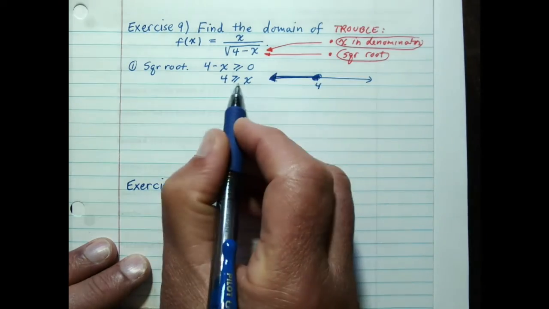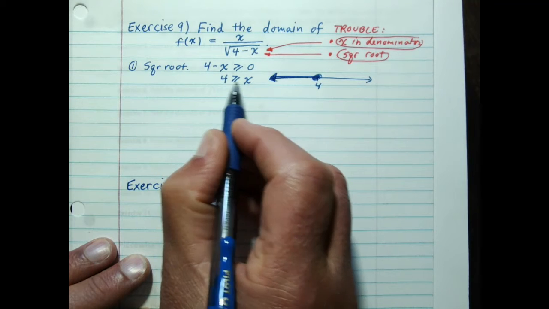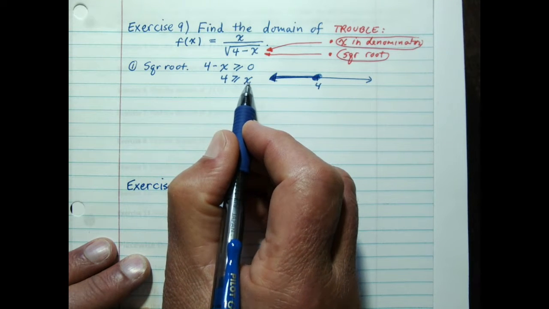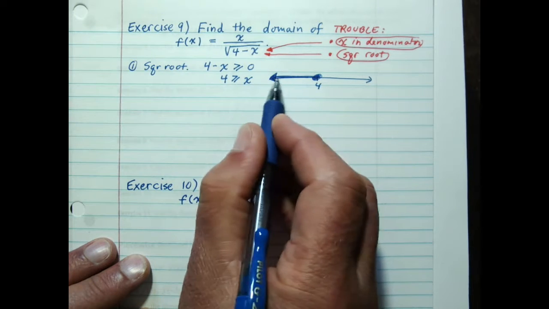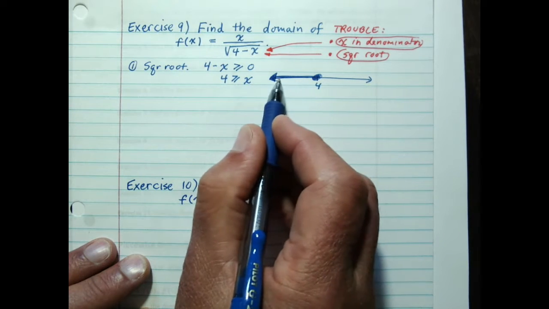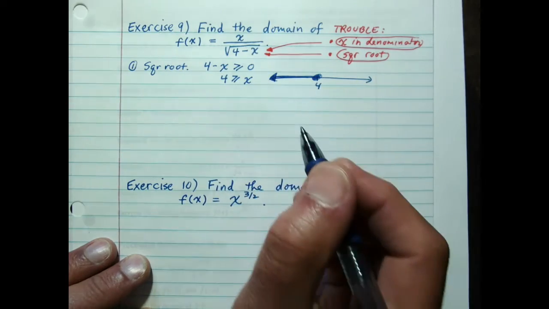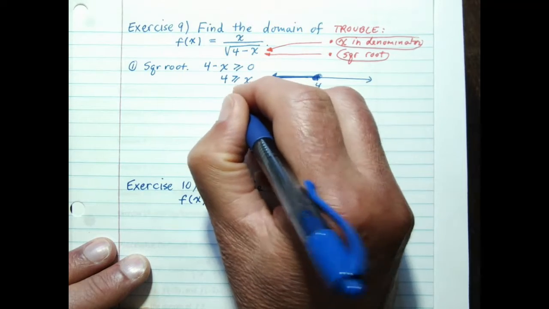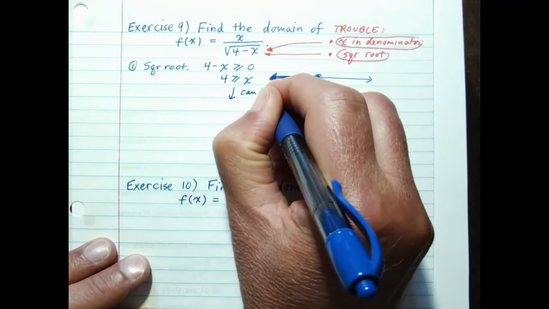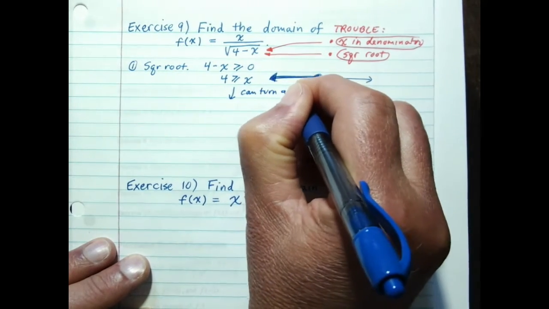Because while 4 is greater than or equal to x, the x values that satisfy this are values of x over here, smaller than 4. The x values themselves are not greater than or equal to 4. You can always turn around the inequality.